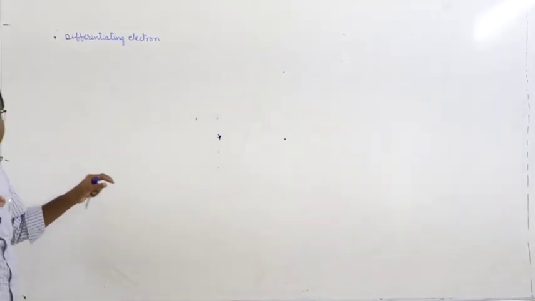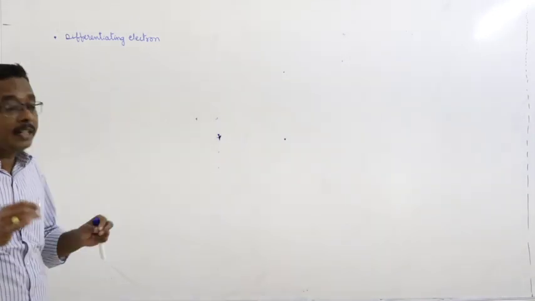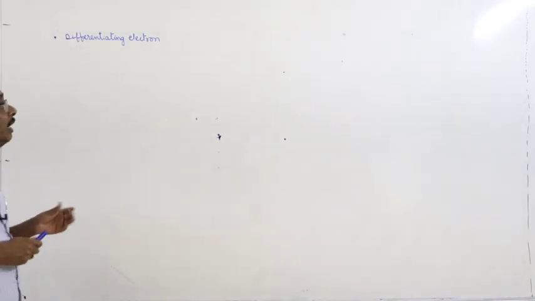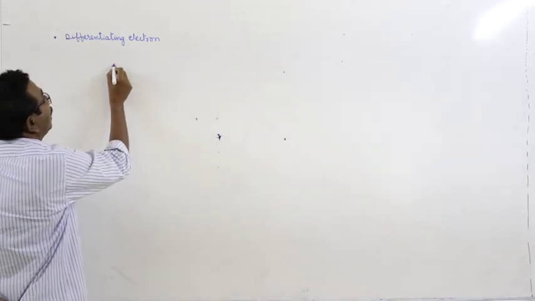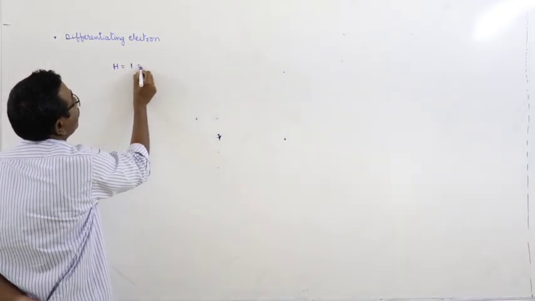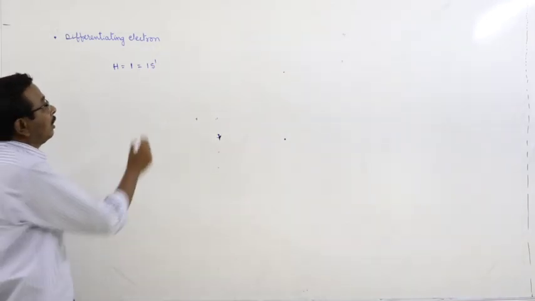The electron which enters last in an atom or in an element is known as the differentiating electron. Take for example, let us consider the element hydrogen. Its atomic number is equal to 1. Electronic configuration 1s1.